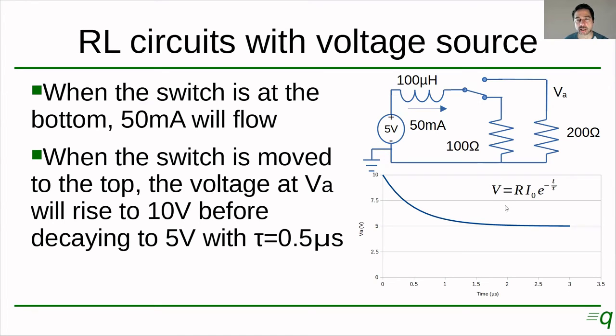Because after a while, after 5 time constants, this inductor is going to behave as a wire, okay? So with the wire, you will end up having the voltage from this source here, which is the 5 volts. But for a while, this voltage here shot up to 10 volts, okay?